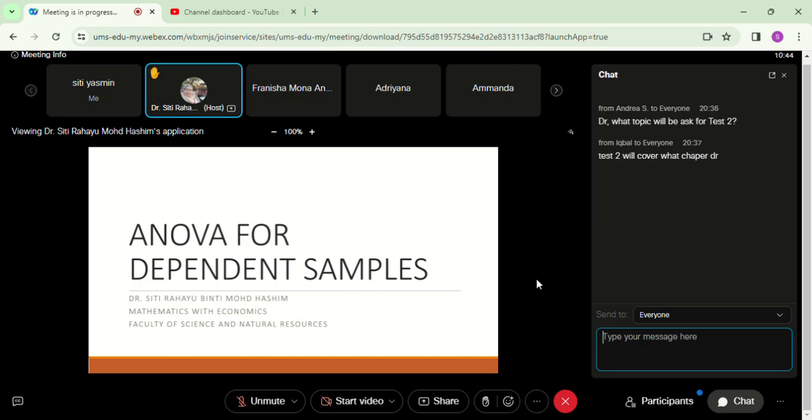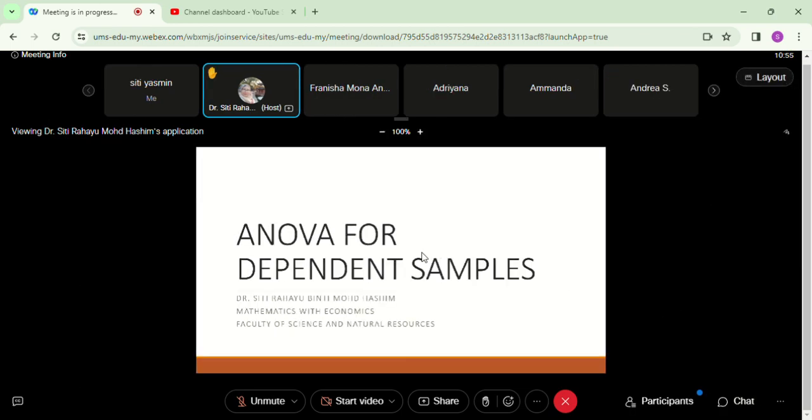Okay. Now let's discuss about Anova for dependent sample. You don't have to worry too much about Anova for dependent sample. This one most probably is important for the mini project.